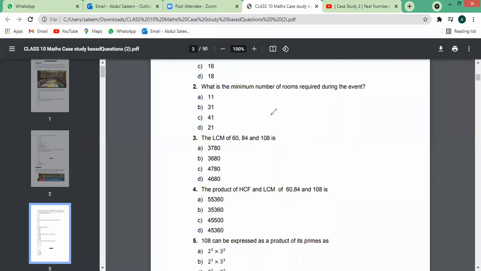So the total participants is equal to 60 plus 84 plus 108, which is 252.